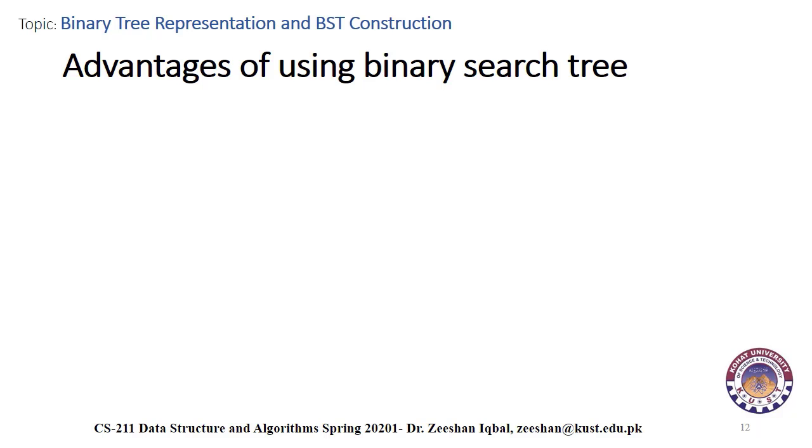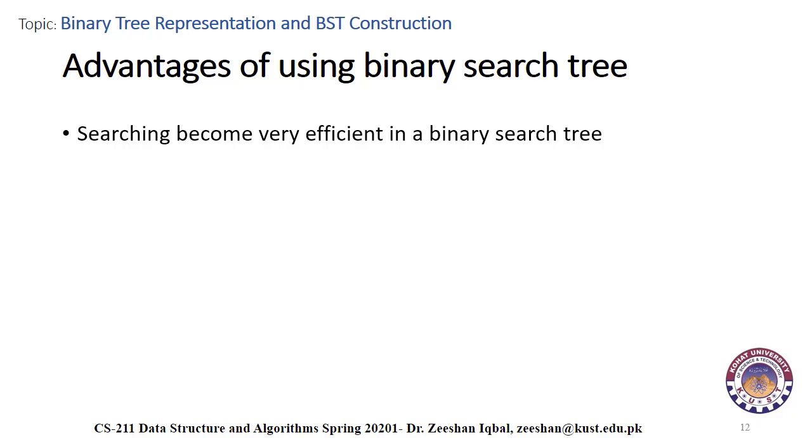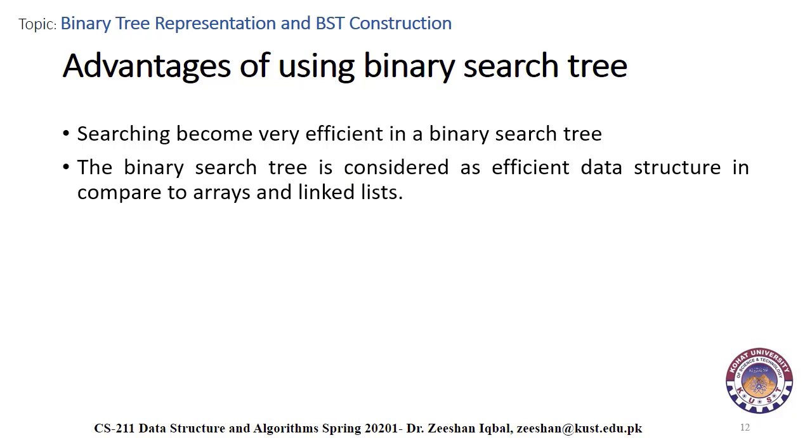Advantages of using a binary search tree. Searching becomes very efficient in a binary search tree since we get a hint at each step about which subtree contains the desired element. The binary search tree is considered an efficient data structure compared to arrays and linked lists because it eases the searching process and removes half the subtree at every step.